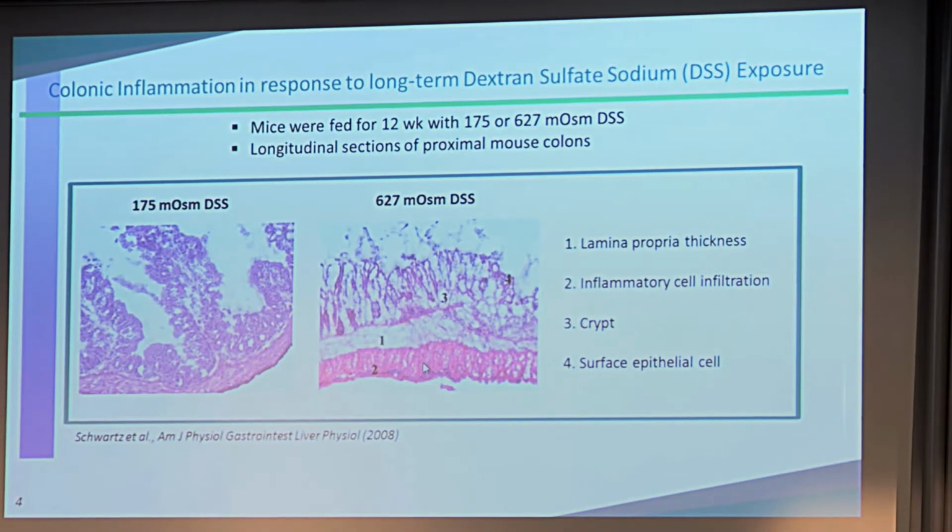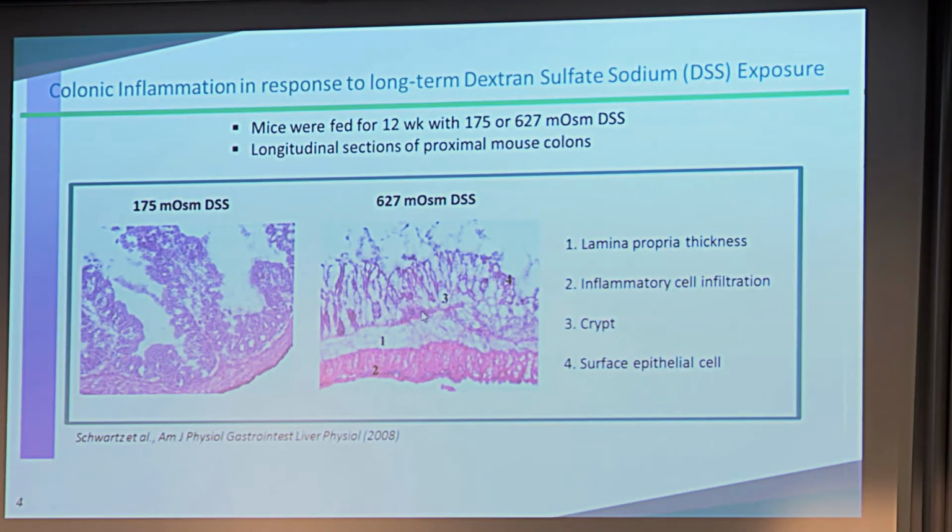Nobody knows how this chemical works and how it is toxic. What you can see is that when you have inflammation of the gut, you have changes of the architecture, disappearance of the crypts, and inflammation.